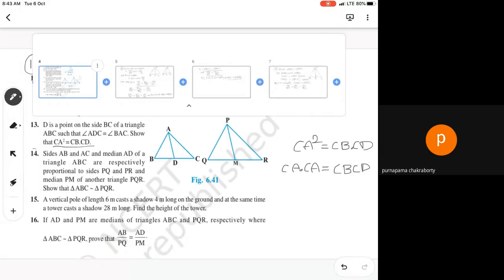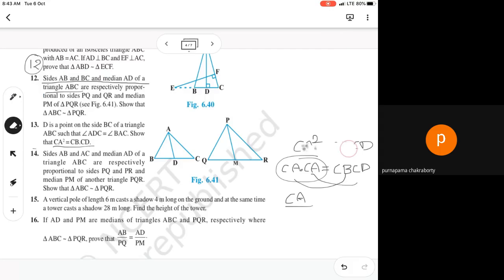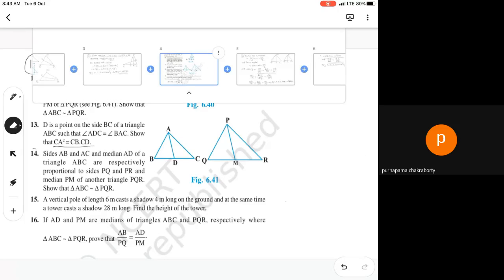So CA appears two times, and we need the ratio in which CA is there.